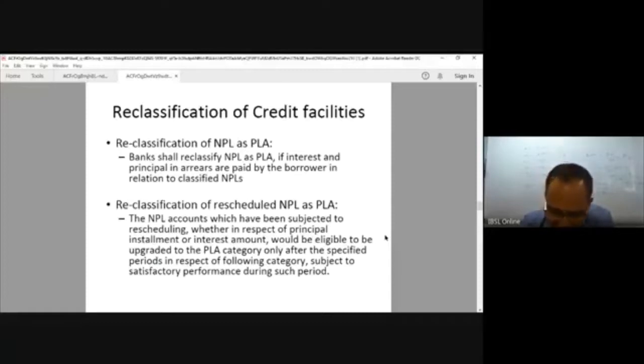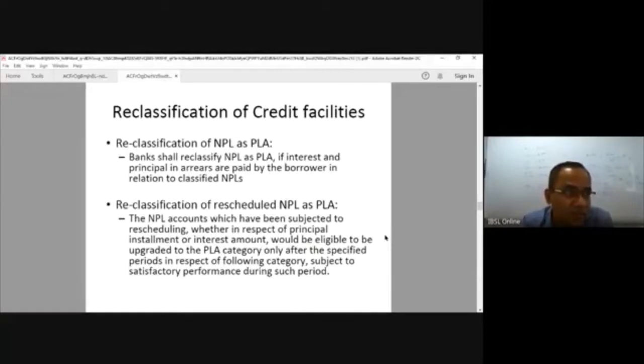Then after the second wave came, the central bank again said you can give a moratorium period, starting from October, November, up to March. You give another 3 months of moratorium. Some customers were given both interest and capital moratorium; some only the capital moratorium, while they had to pay interest.